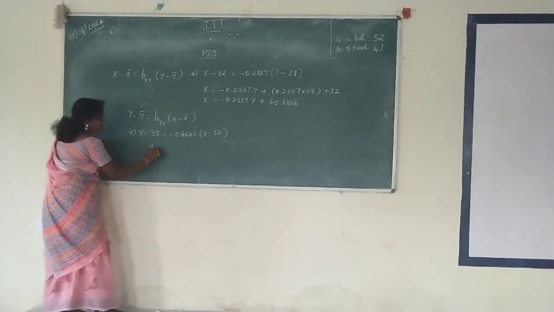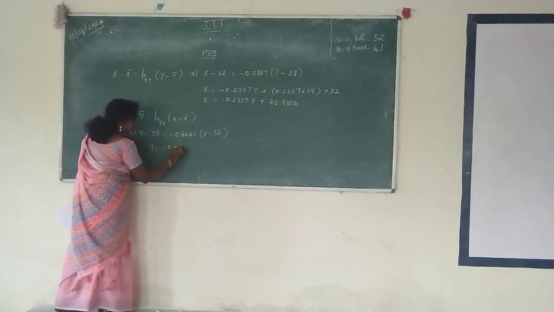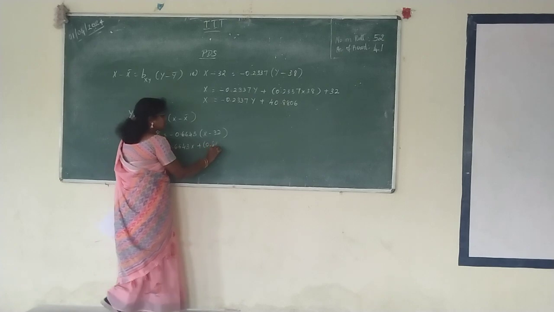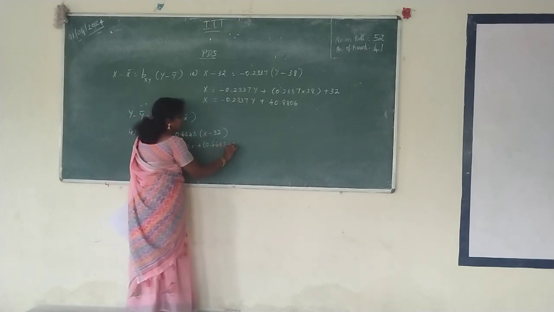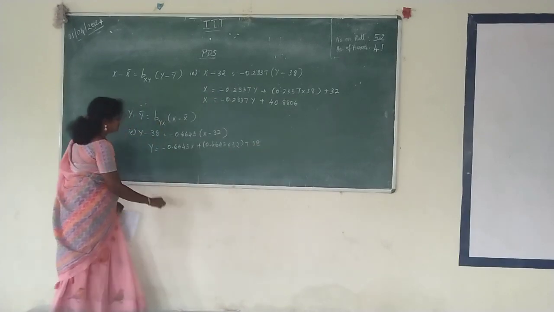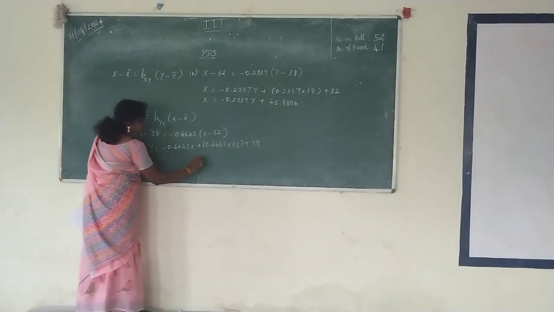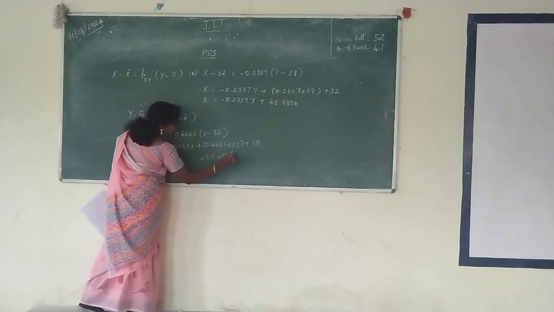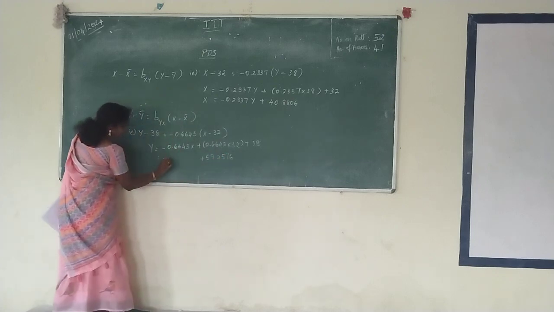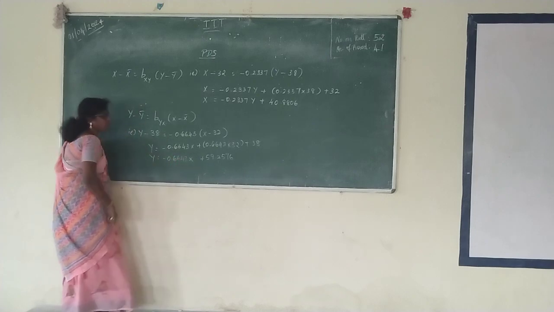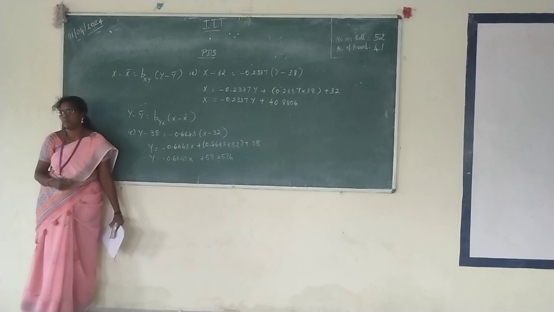So y is equal to minus 0.6643x plus 0.6643 into 32 plus 38, which is 59.2576. So this is the regression equation of y on x.